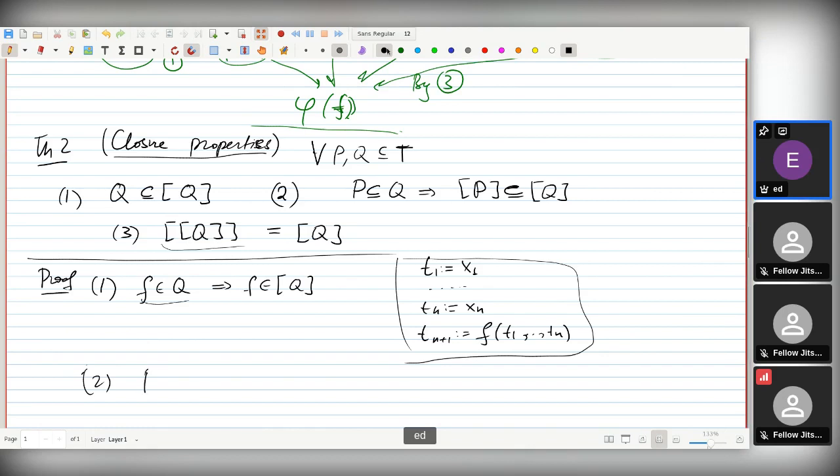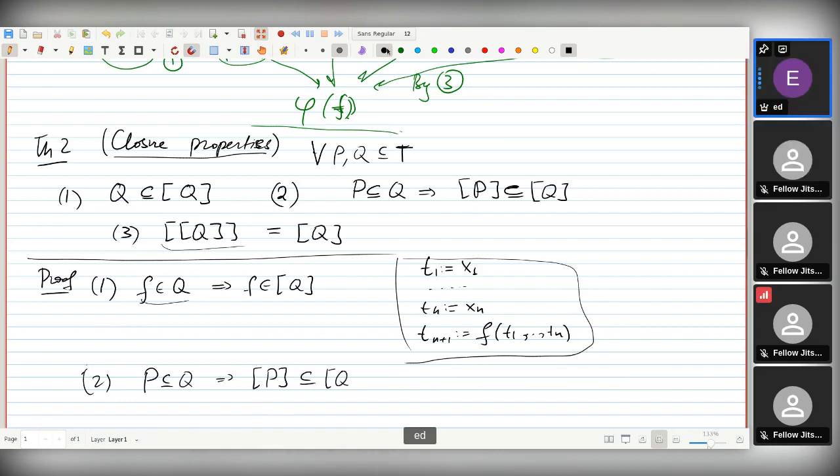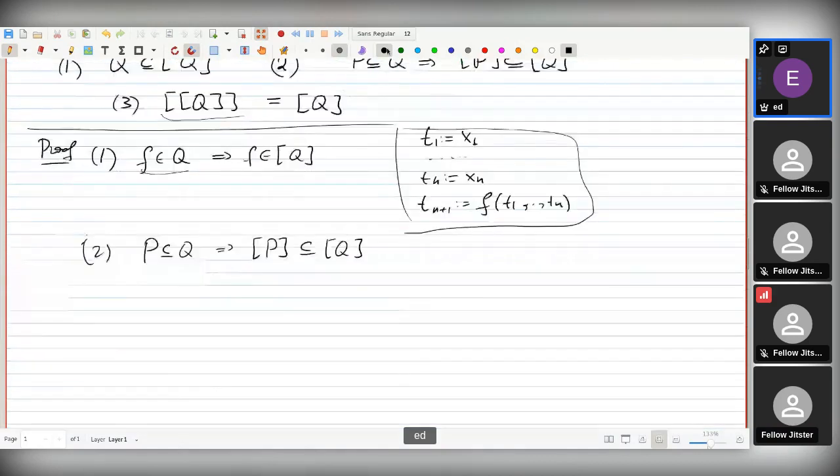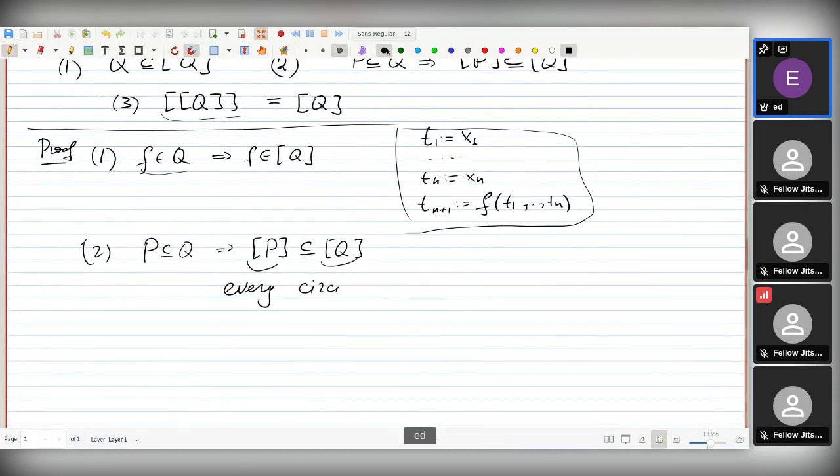Okay. If P is included in Q, then everything you may compute over P, you may also compute over Q. This must be obvious because every circuit over P is a circuit over Q. Just that. And the last one is the most interesting.